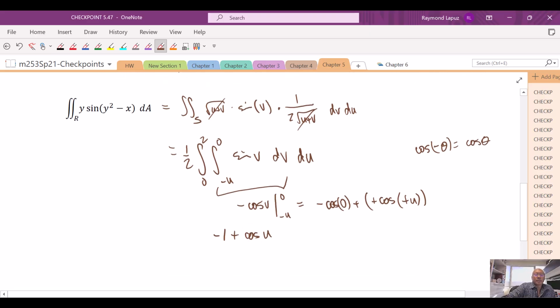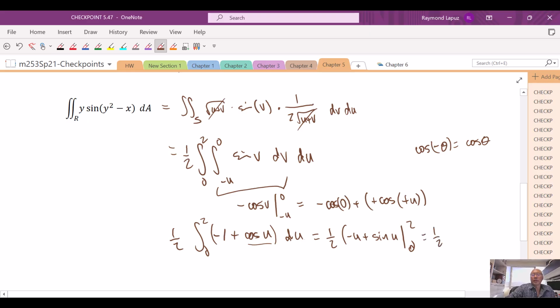All right, now let's drop the rest of the other stuff that we have. That's a 1/2 integral from 0 to 2 du. And so this will be a 1/2, and I have a negative u plus, oh, the antiderivative of cosine is positive sine u. We're going to evaluate this from 0 to 2.